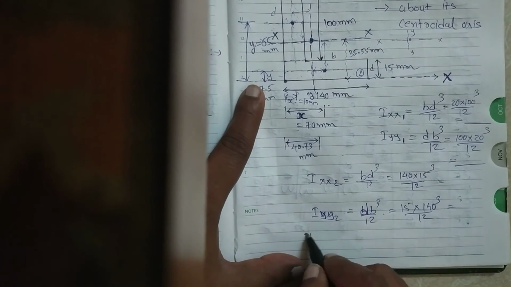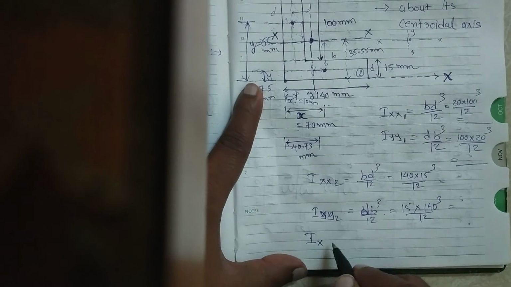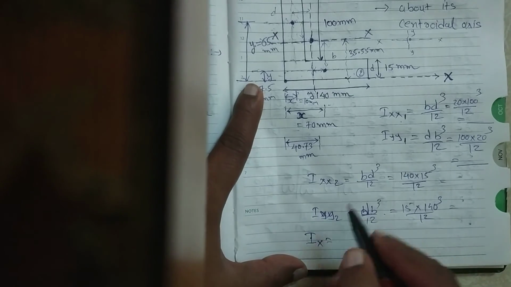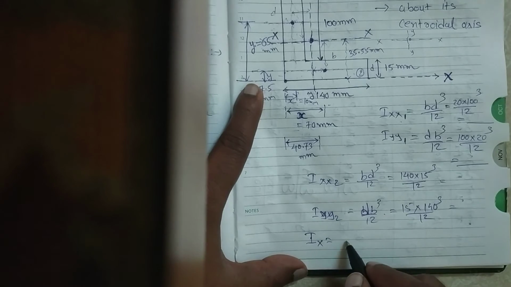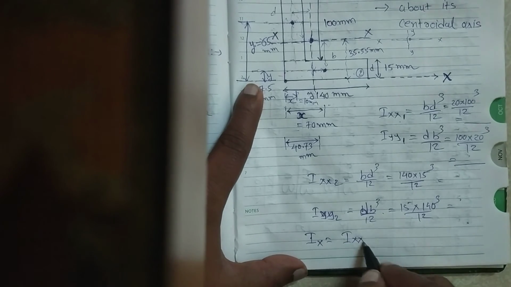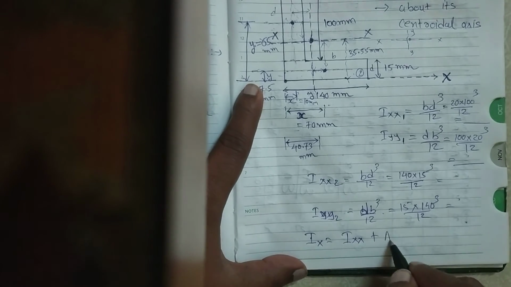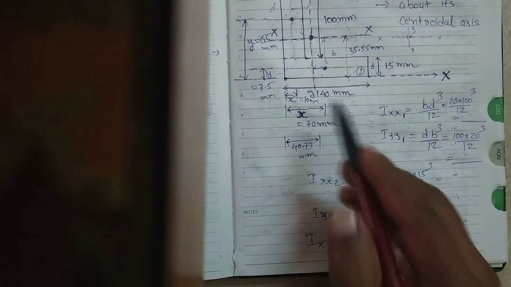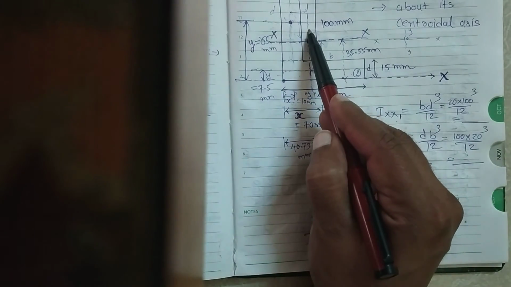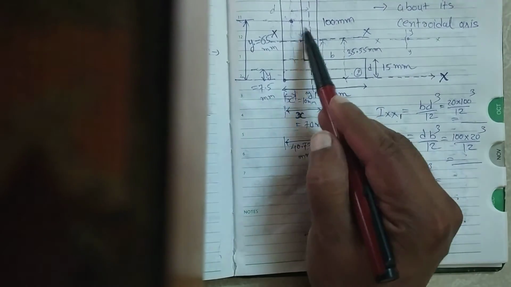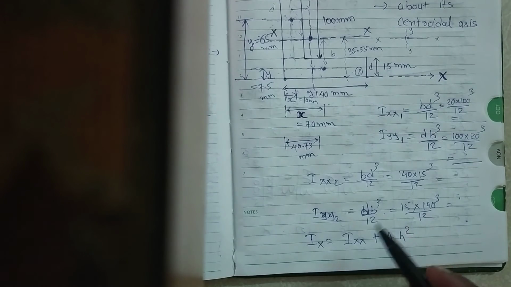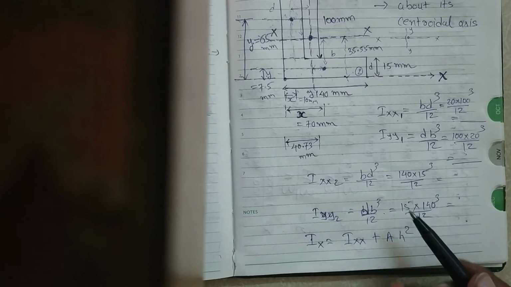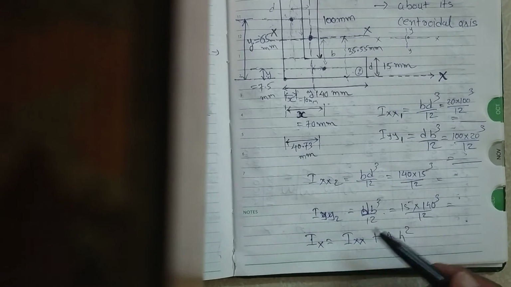The theorem of parallel axis states that Ix is equal to Ixx plus A s squared. In the previous explanation it was IAB, but here it's Ix. Here s is the distance from this axis to the axis about which you have to calculate the moment of inertia of the section. The area you have already, and Ixx you already calculated. So here you require Ix.